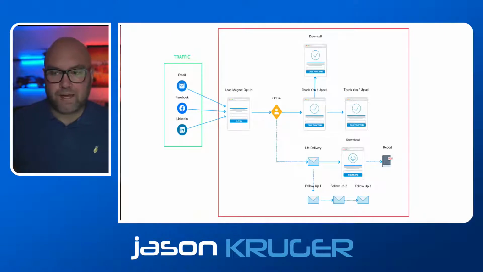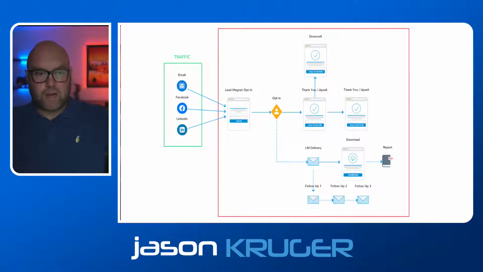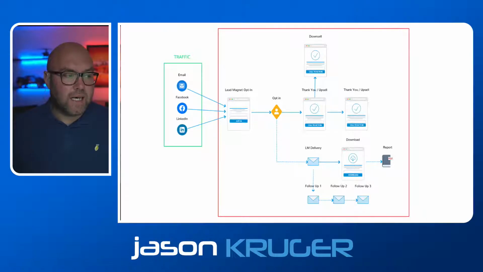Now, once you have that, what is the next step? The next step for me, and it will be what you can see in this diagram, is your lead magnet or your offer. Is this lead magnet, or what you're going to offer, something that's really going to be helping your ideal client? Is it going to solve a pain?